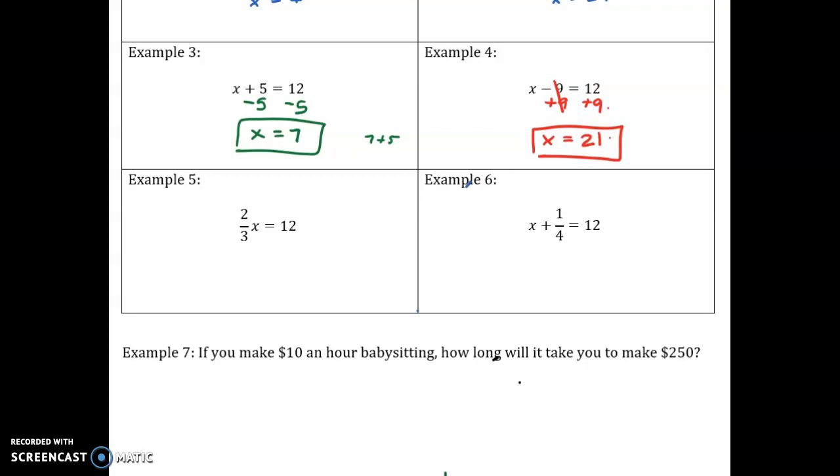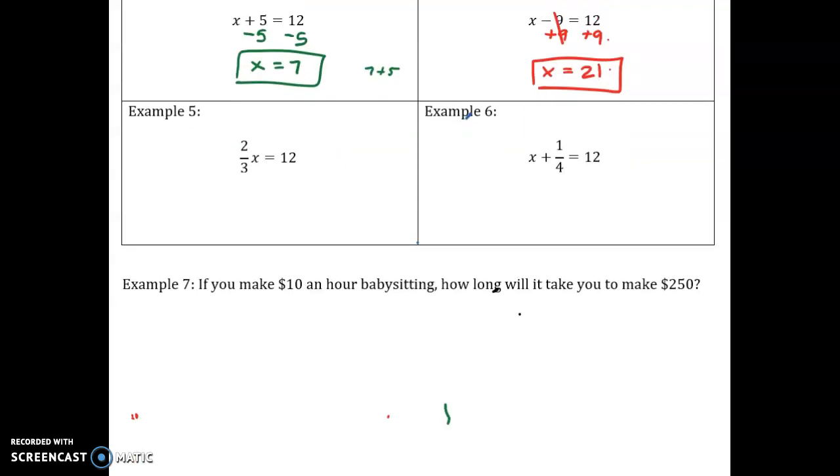Now example 5 and example 6 both deal with fractions in a couple different ways. Example 5 has 2 divided by 3 times x equals 12, or 2/3 x equals 12. I like to break this into 2 different steps. So my first step will be to multiply to get rid of the fraction.